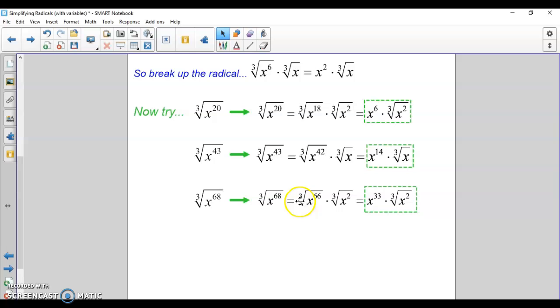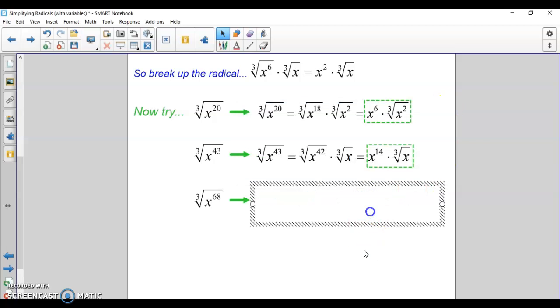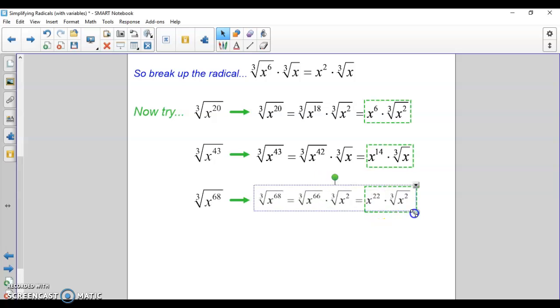Do 66 divided by 3, I get 30. That's not 33, it's 22. Switch that up right now. 66 divided by 3 is 22, not 33. And then the cube root of x squared is still inside there, so we're good to go.